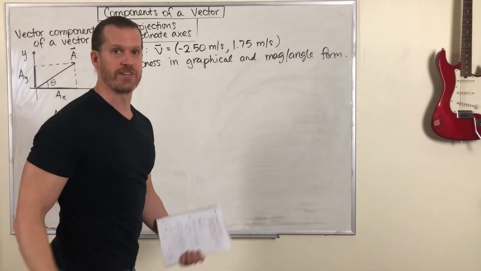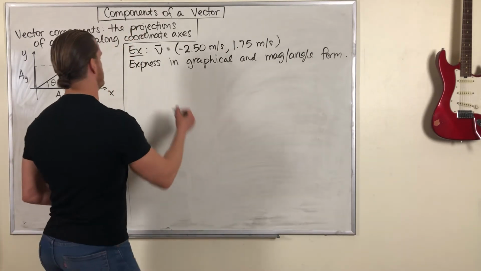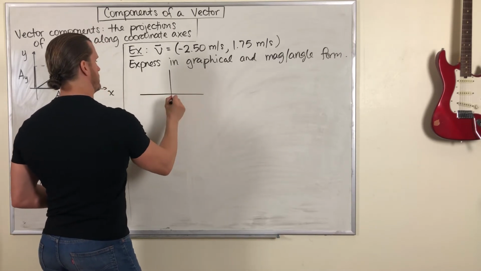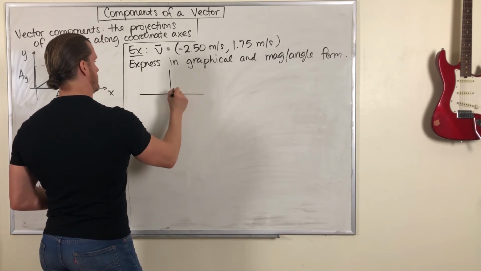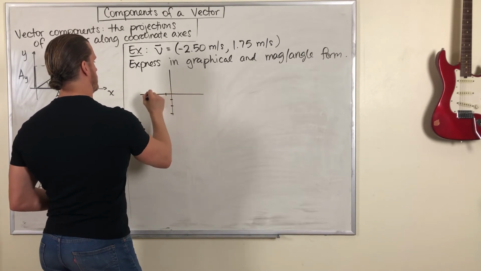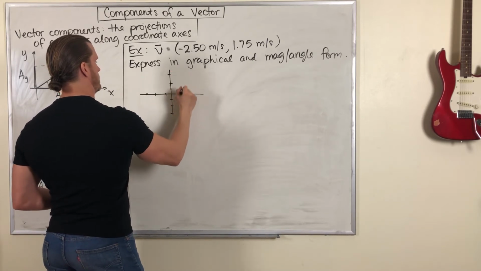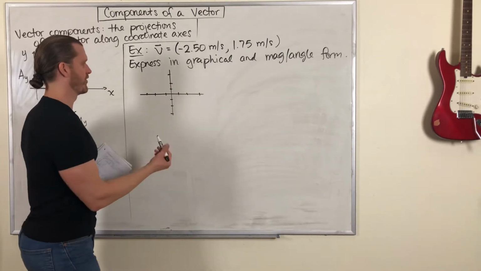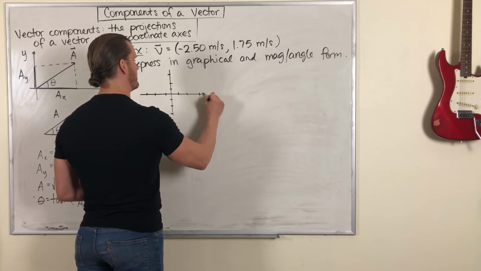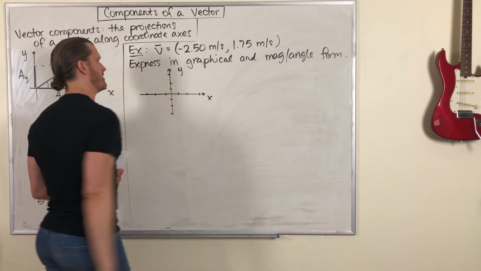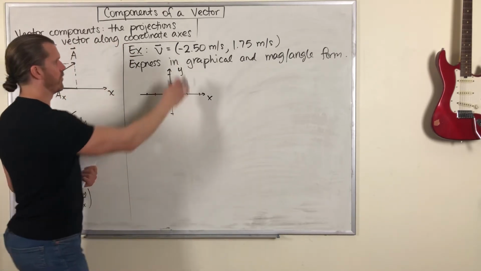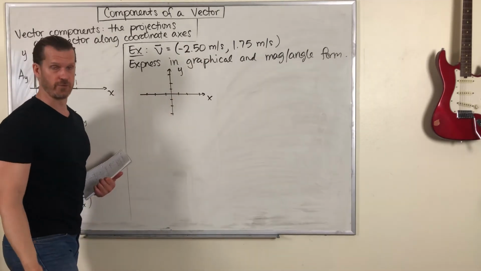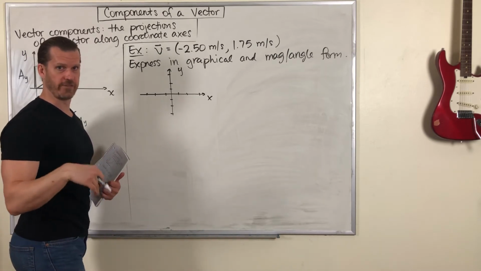Again, graphical form is pretty easy. You draw a picture. All right, my tick marks aren't so evenly spaced, but that's okay. So when you're given the components of a vector, you can just plot it like you're plotting a point, and then connect the origin to that point.